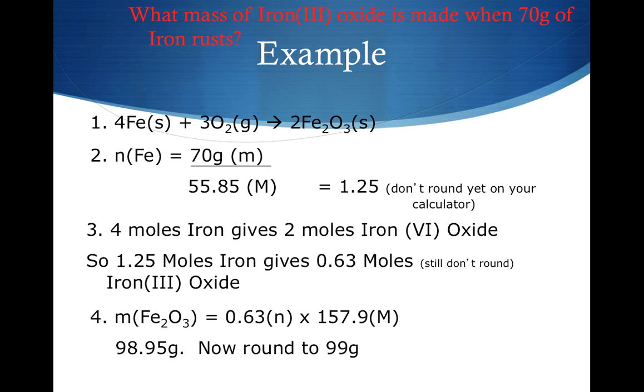And now we're going to use the molar mass of iron 3 oxide, multiply it by the amount in mole, and here we find that our mass is 98.95 grams. Now we're going to go back to our question. We're going to see that this is 2 sig figs, so we are now going to round, and that's going to tell us that we're rounding to 99 grams. Okay, because this is the last figure we're dropping, so that's going to make this number round up.